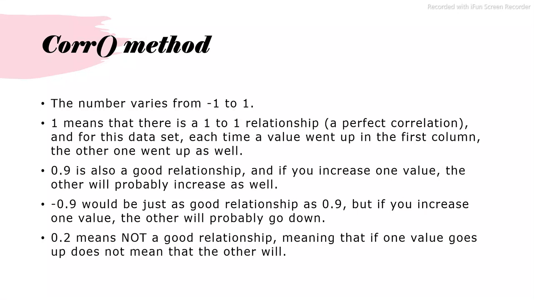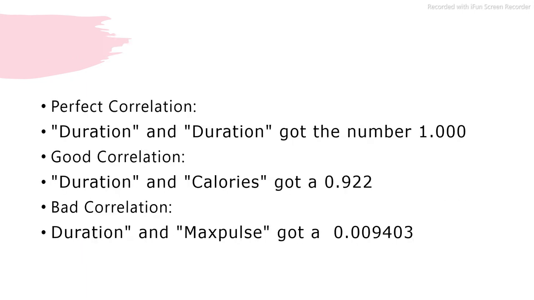Minus 0.9 is also a good relationship, but it is a reverse one: if you increase one value, the other value will go down. 0.2 or 0.3, nearing 0, shows there is no correlation.